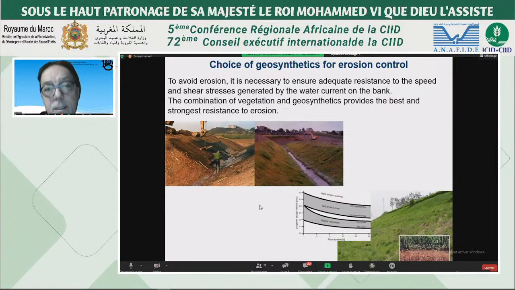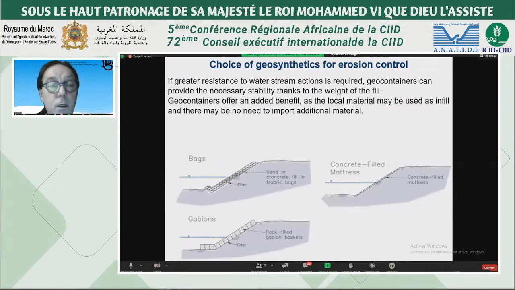Pour éviter l'érosion, il est nécessaire de s'assurer que la résistance adéquate est générée face au courant d'eau sur le côté du canal. Donc, la combinaison de végétation et de synthétique peut donner la meilleure des résistances à ce phénomène.